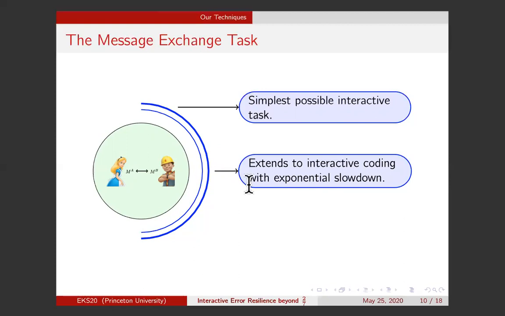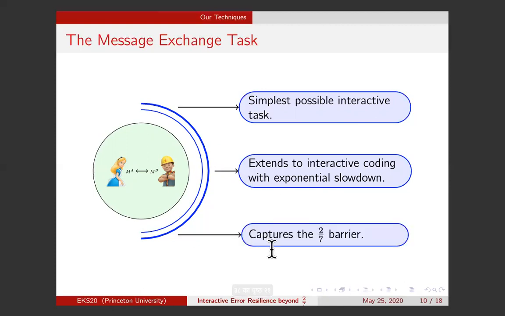So it is weakly complete, but it also captures the 2/7 barrier. And prior to this work, even for this simple message exchange task, we did not know a noise resilient protocol that had error resilience strictly more than 2/7. And therefore, improving it just for this task is a result in itself.